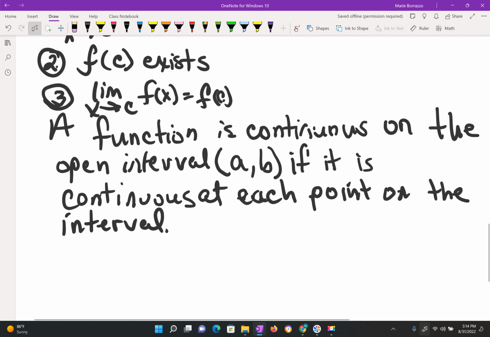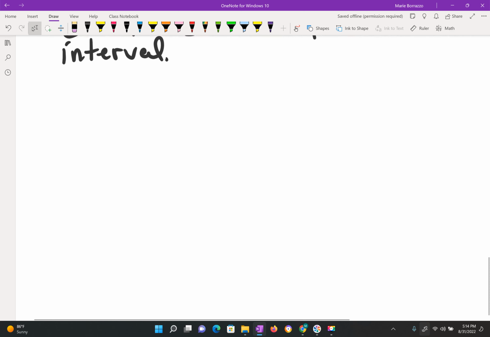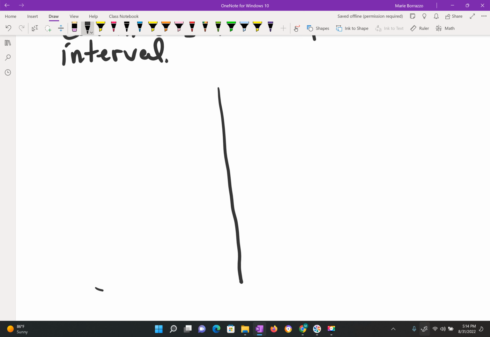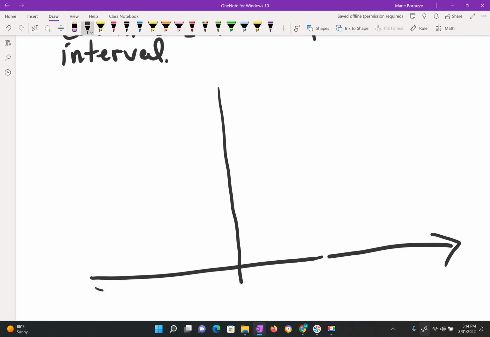Are we done copying? Okay. So let's draw our graph as such, preferably you do a better job than I do here. So there's x, and this would be your f of x. And obviously this continues on this side. This is negative x.